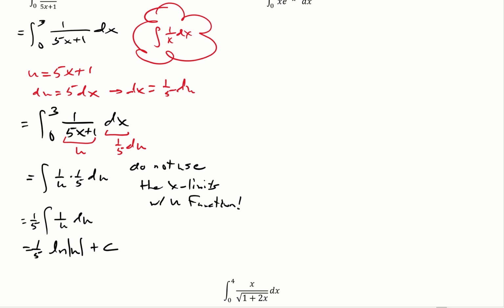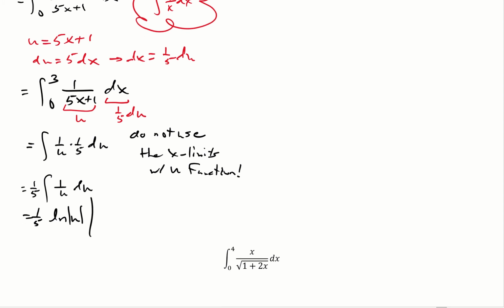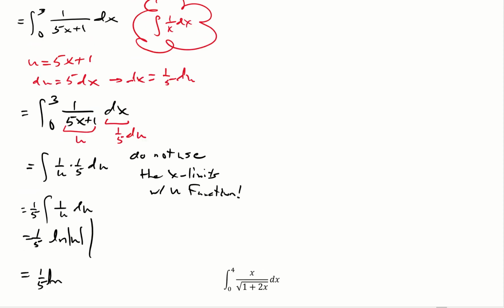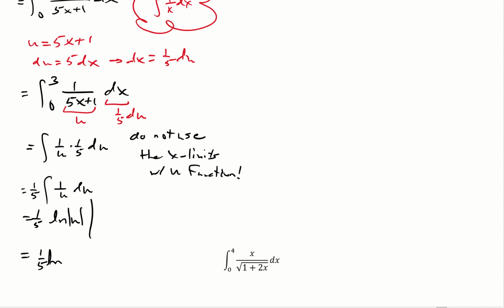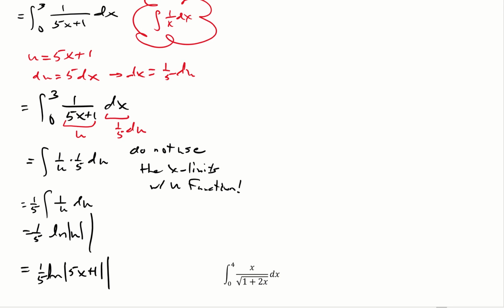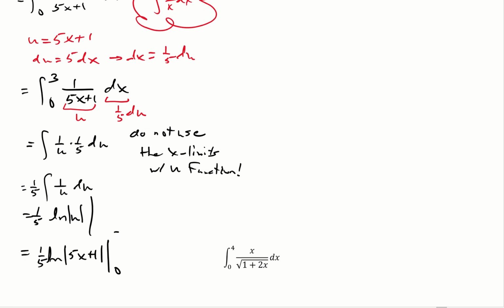Now here's the thing. It's a definite integral, so I'm actually not going to put plus c there. I'm going to put limits, but I'm going to leave it alone for now. And now I'm going to bring x back. It's equal to 1/5 the natural log of the absolute value of 5x plus 1, from, now the limits are used, from 0 to 3.